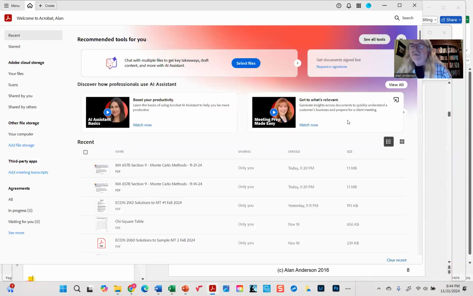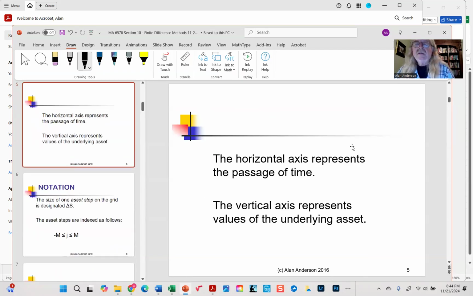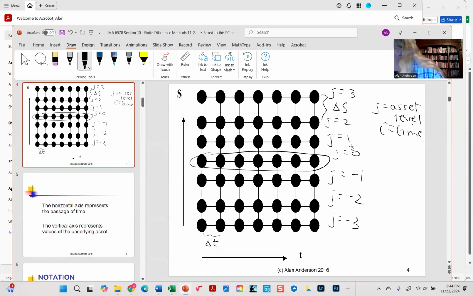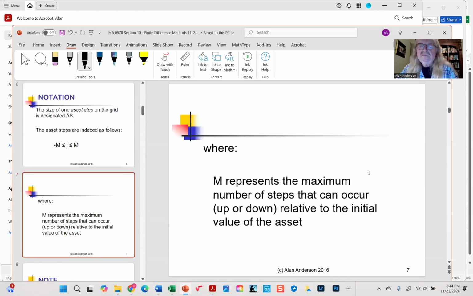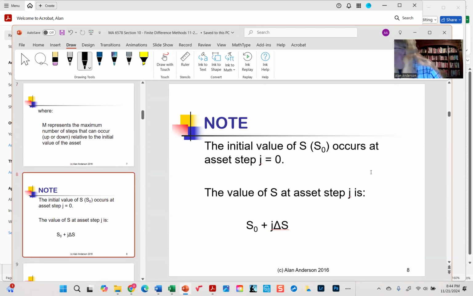S0 would be where we start. And then S1 would be S0 plus delta S. Okay.